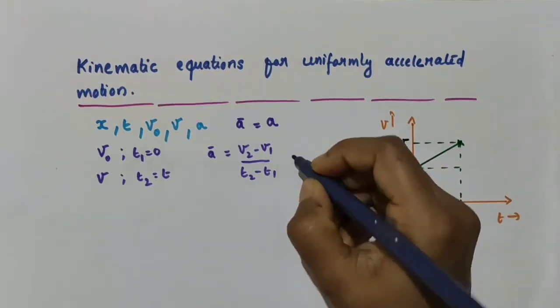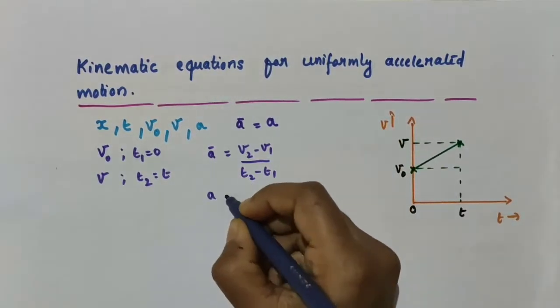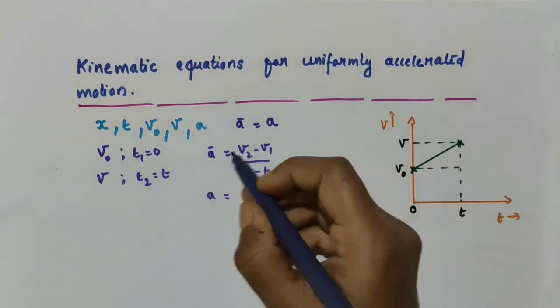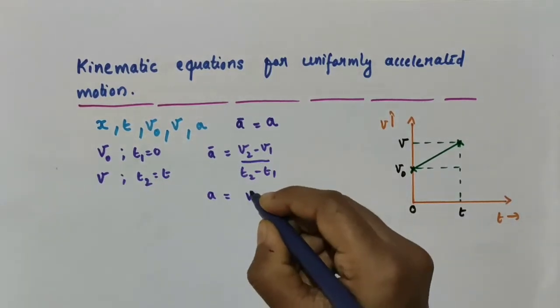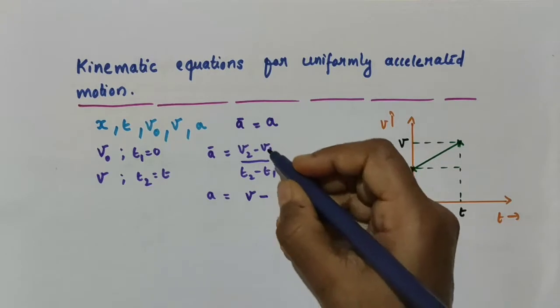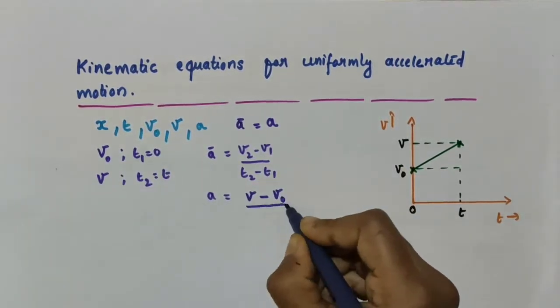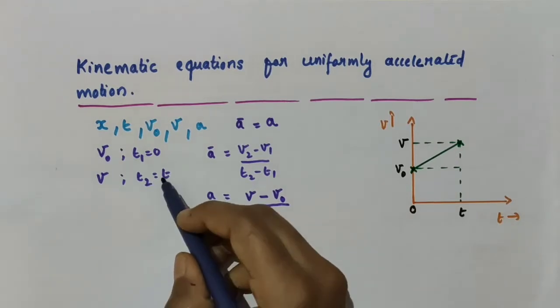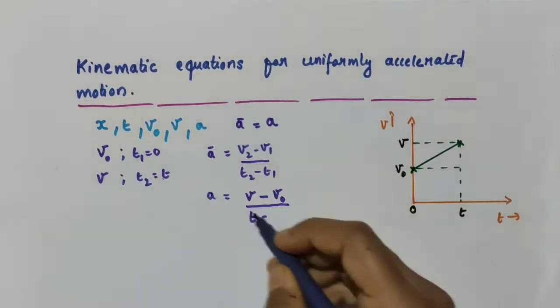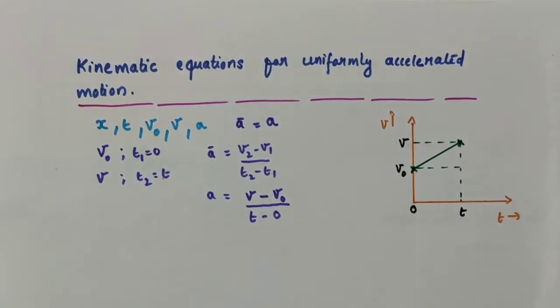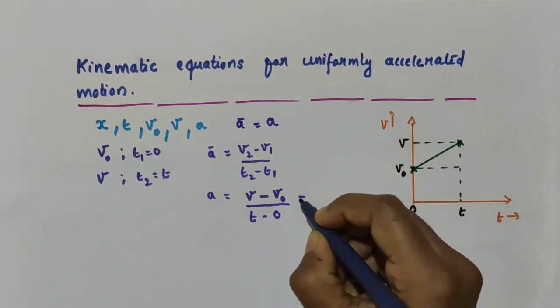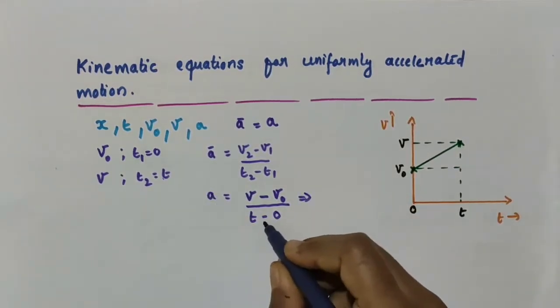Here we can write a bar as a. So a is equal to v2, that is the final velocity v, minus v1, initially v0, divided by t2 minus t1. t2 is t, and t1 is 0, so this becomes t minus 0, that is t.